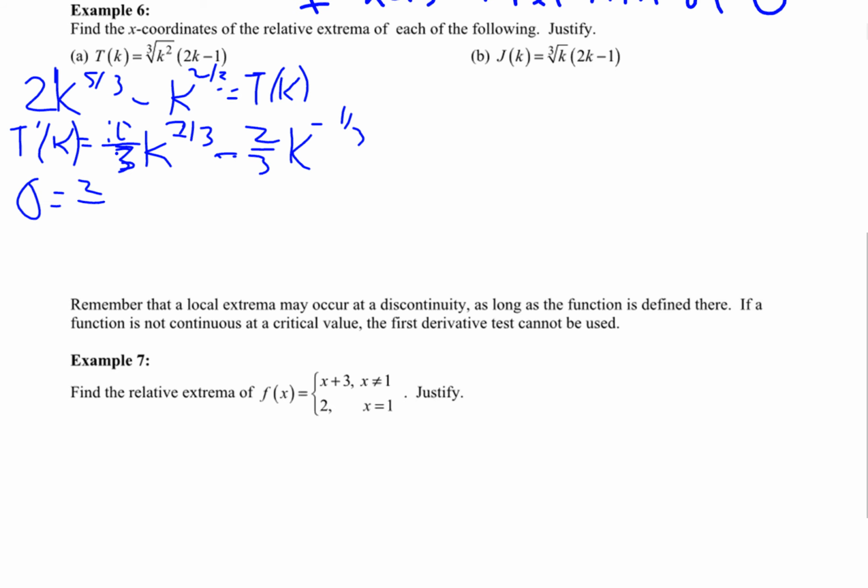Okay, so I'm going to take out a 2/3 k to the negative 1/3. So if I do that, 2/3 times what gives you 10/3? So that would be 5. And then k, if we have negative 1/3 and we're trying to get 2/3, that would just be k to the 1 minus 1.